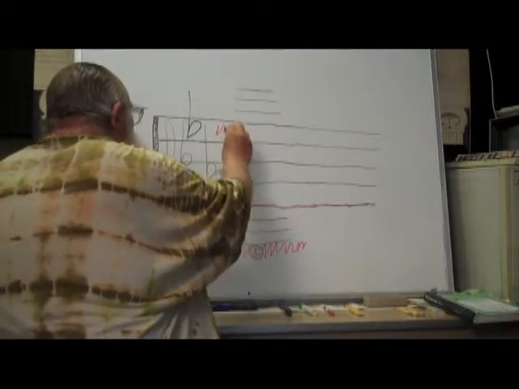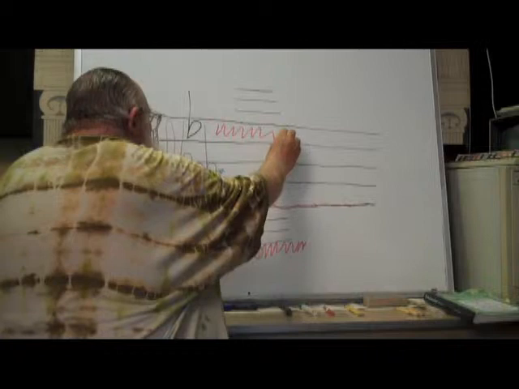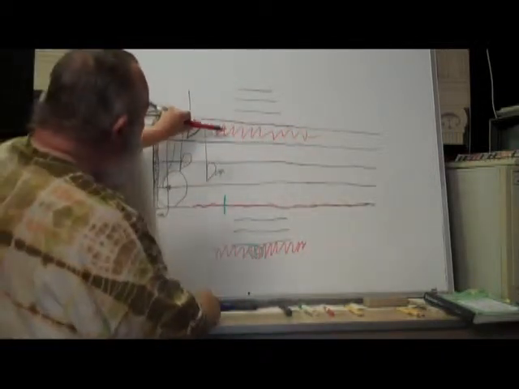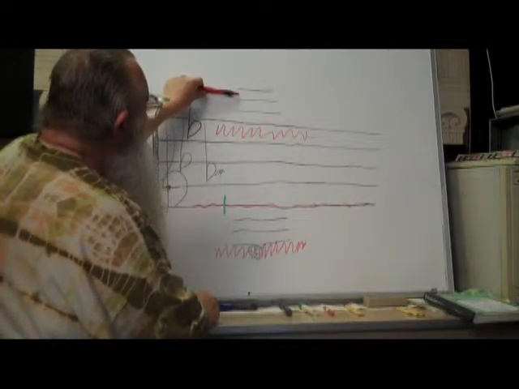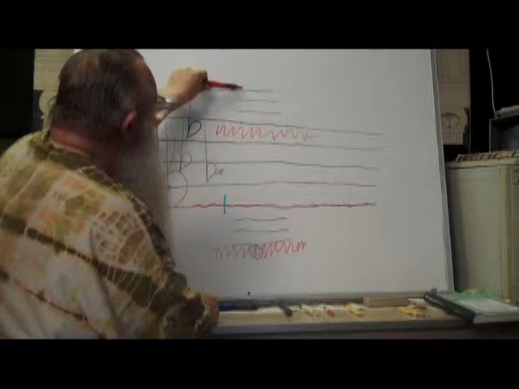So that's where 1 would be. And then, if that's 1, 3, 5, 7, 2. So the next one is right up here.